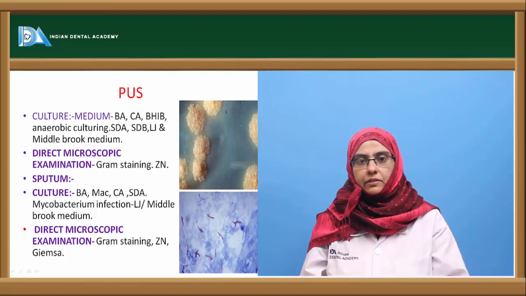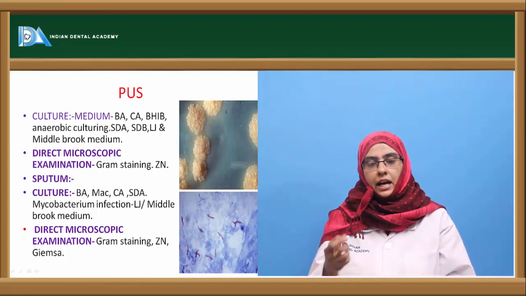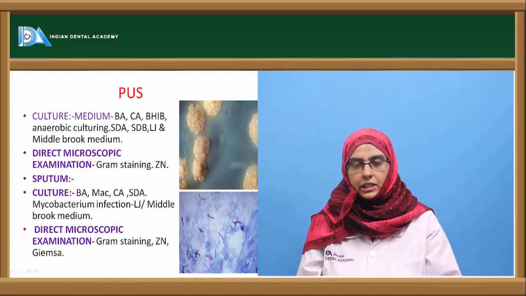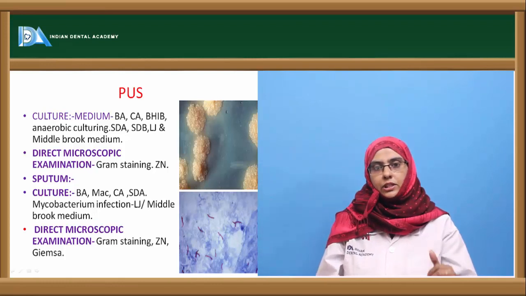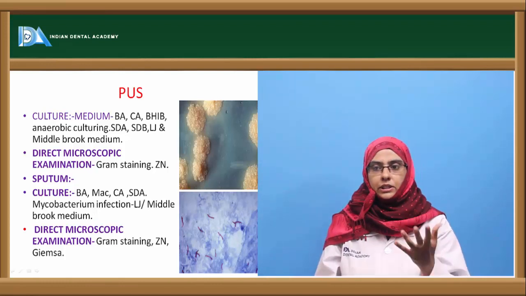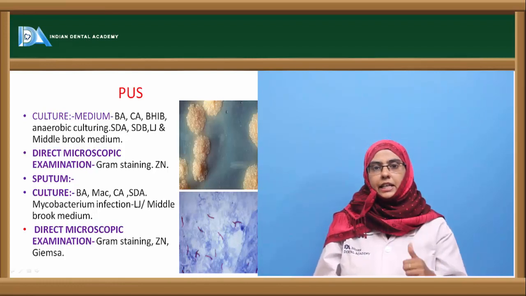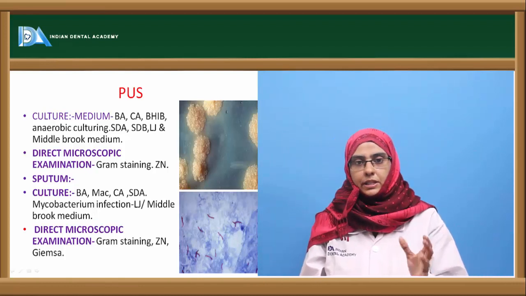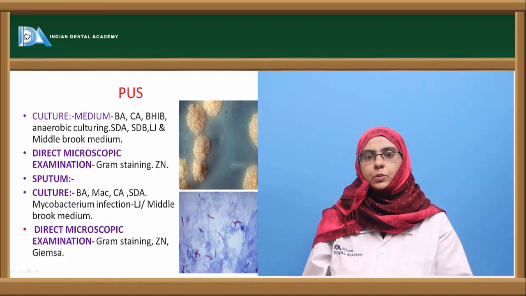A specific media for this organism is Lowenstein-Jensen or Middlebrook media. For microscopy, go for Gram staining, Ziehl-Neelsen, or GMS stain for fungal staining. Mostly go for the Ziehl-Neelsen method to identify Mycobacterium in patients suspected of tuberculosis. The best sample for identifying Mycobacterium tuberculosis is the sputum.